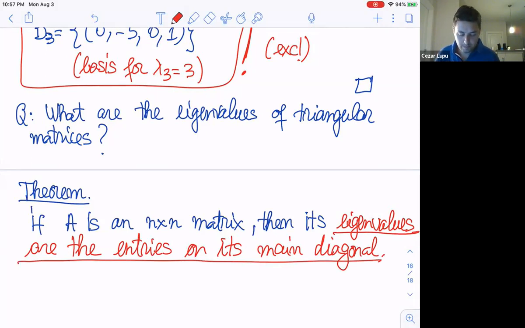Wait, what? I forgot to say the magic word here. If I leave it like this, that's not even true.